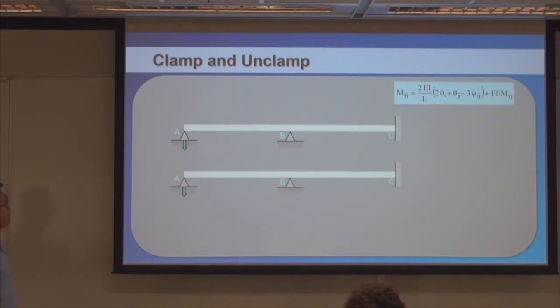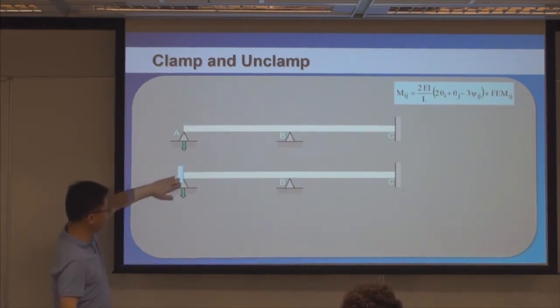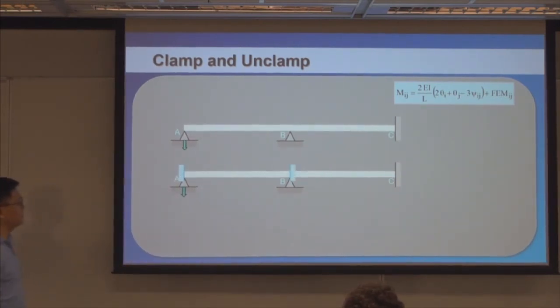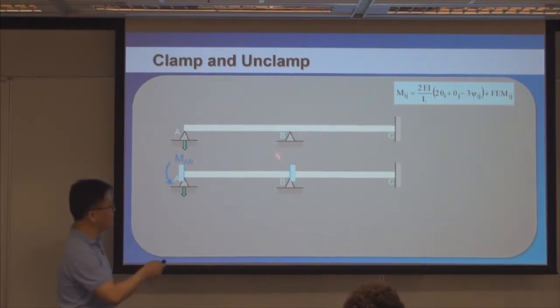So what you can do is assume that to be clamped but allowed to translate vertically. So this is a clamped boundary condition but allowed to translate. Again, same thing on joint B, you also assume it to be clamped.